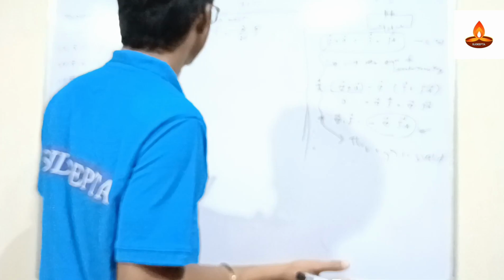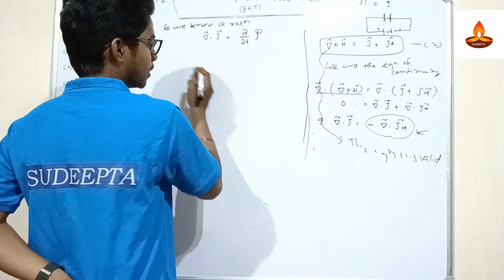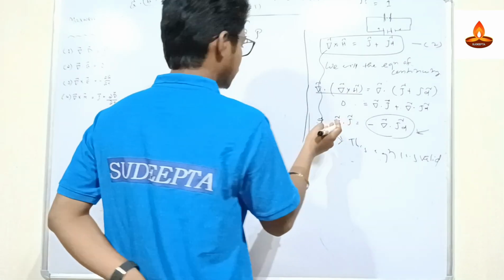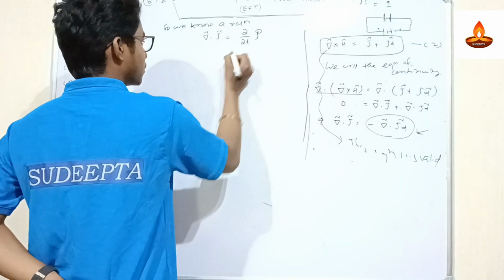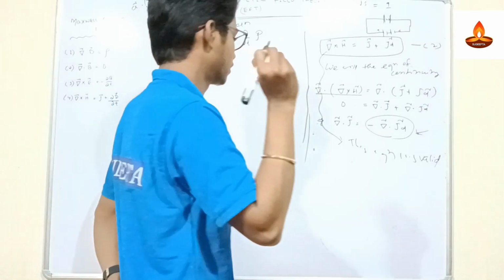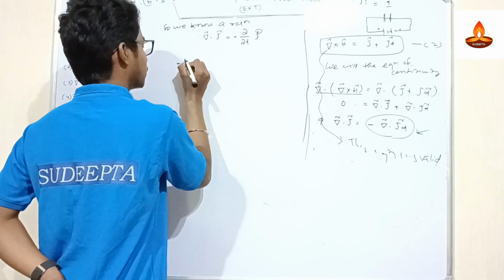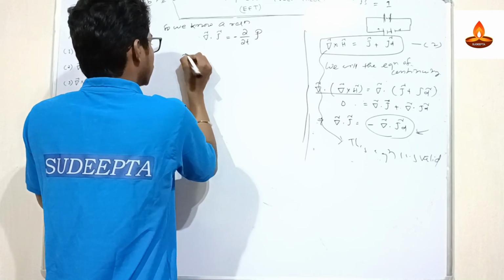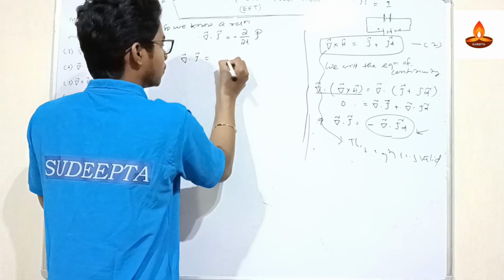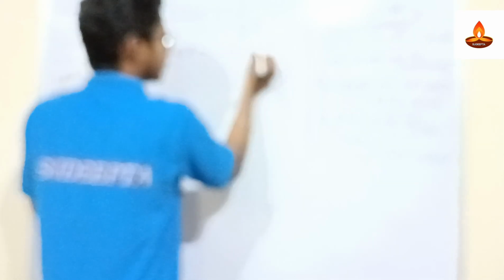So what will happen? It will be del dot J, and then it will be replaced as, sorry, this will be a minus sign. So it will be minus, and the equation is equal to minus divergence of JD.